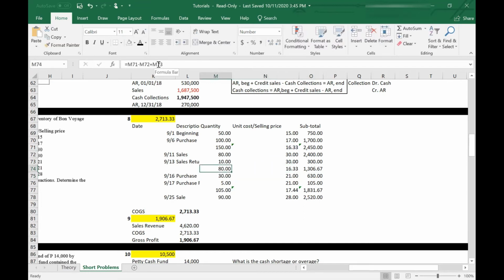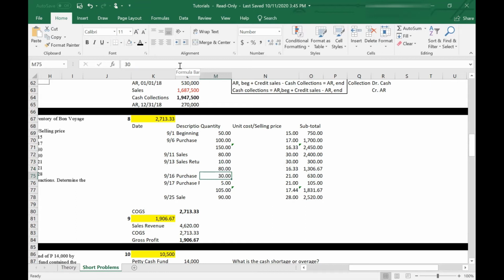But the number of units changed. From 150, we deduct 80 and we add 10 because the 10 were returned. Therefore, 150 minus 80 plus 10, that's 80 units. You multiply it by the moving average unit cost, which should not change because there was no purchase or purchase return. So the moving average unit cost stays the same. Multiply the two, you get the accumulated figure of 1,306 pesos and 67 centavos.